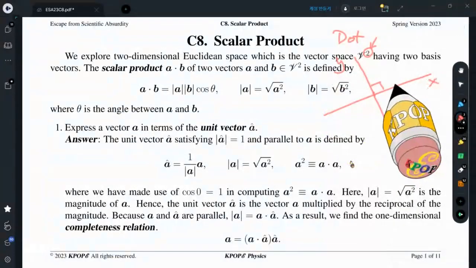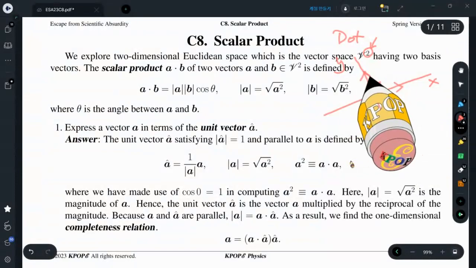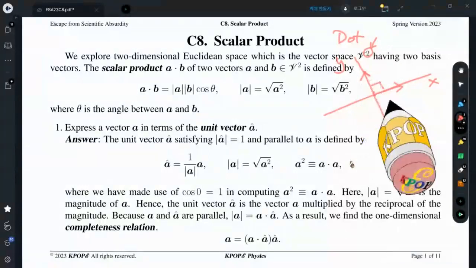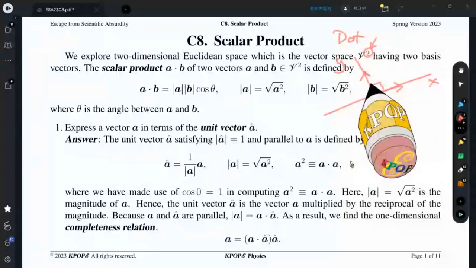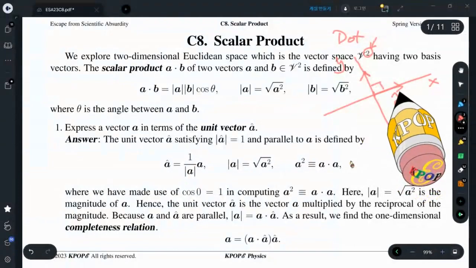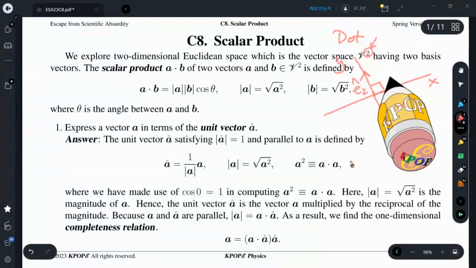A convenient choice for the basis vectors is unit basis vectors that are perpendicular to each other. So that is E1 hat along the x-axis and E2 hat along the y-axis.